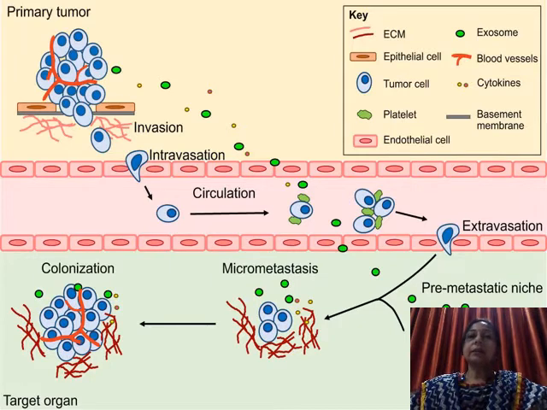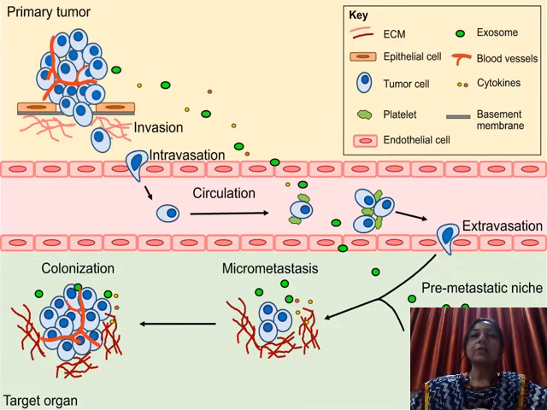So what is the mechanism of spread? See, there is a primary tumor. The tumor cell will destroy the basal lamina. That destruction leads to escape of the tumor cell, which is known as invasion. They invade the surrounding tissue and the nearby blood vessel. Intravasation of the tumor cell occurs and the tumor cell goes into the circulation.